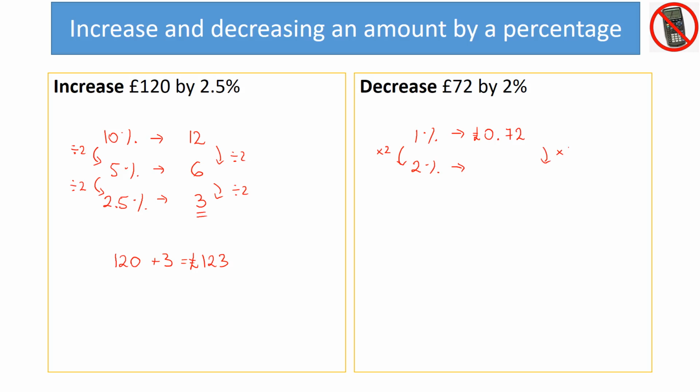So I need to times 0.72 by 2, and that is £1.44. So now to decrease £72, I need to take away 1.44 from £72. And that is £70.56.